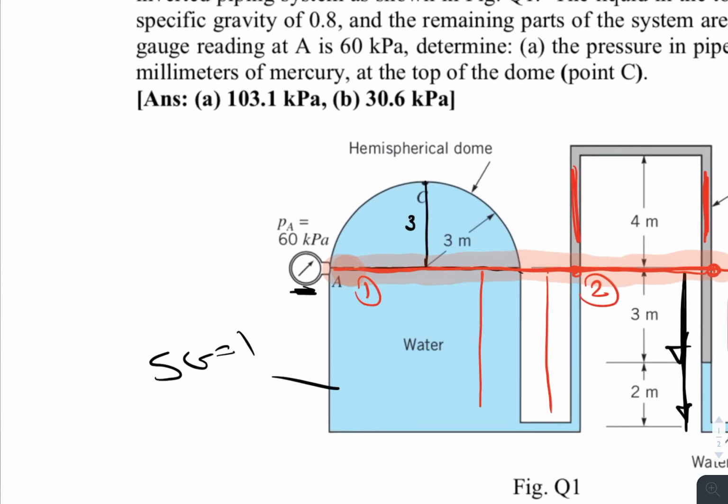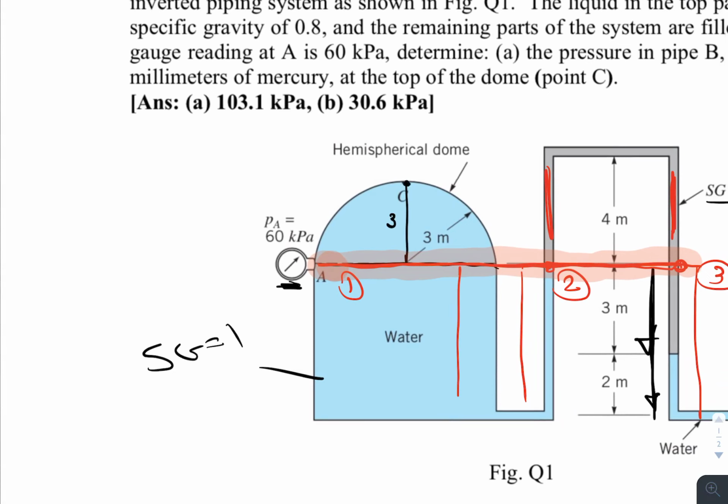Now, we need to solve part B, which is to figure out what is the pressure here at point C. What is PC? The hemispherical dome here is probably going to catch you out, and the important thing to know is that the shape of the dome doesn't really matter. All that matters here is this vertical height.